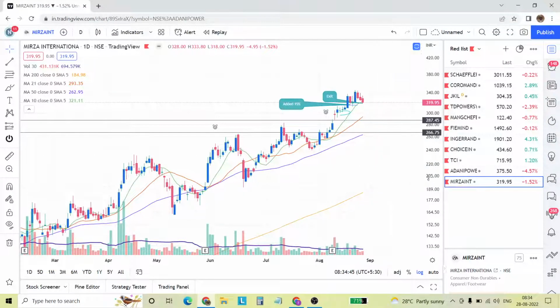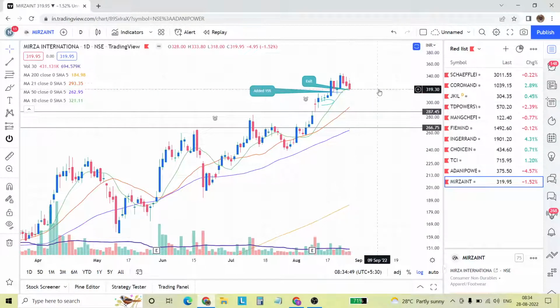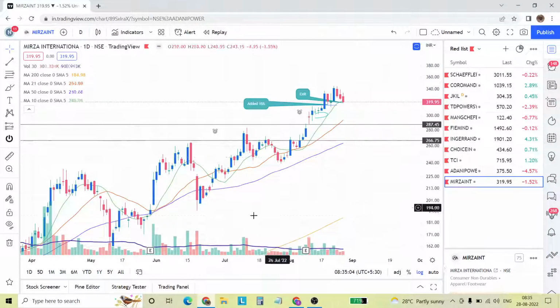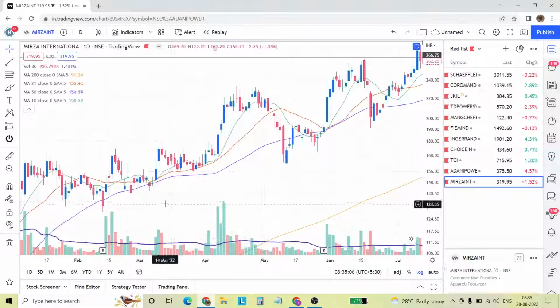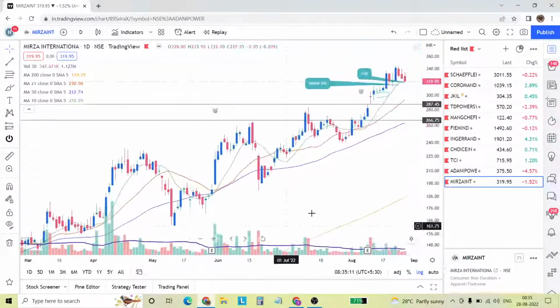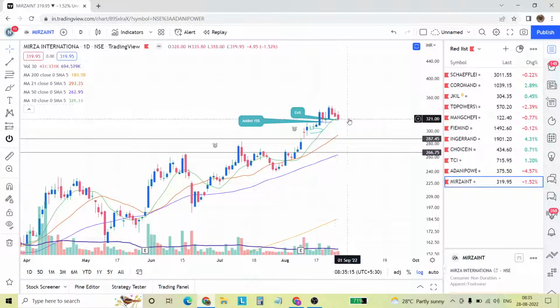Why I exited this stock is because it has breached the 10-day moving average, as you can see here. Once a stock breaks the 10-day moving average, it generally tries to consolidate for some time, and then it will go. That's okay, but I cannot have my money stuck for a month.